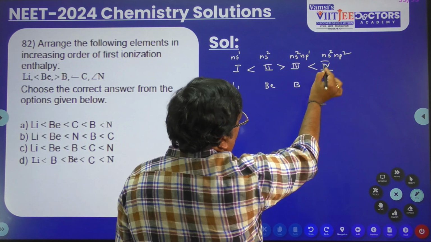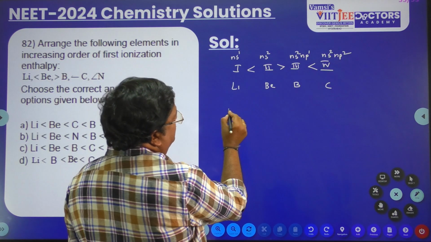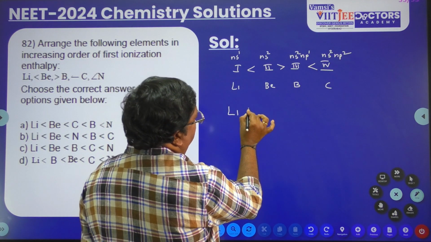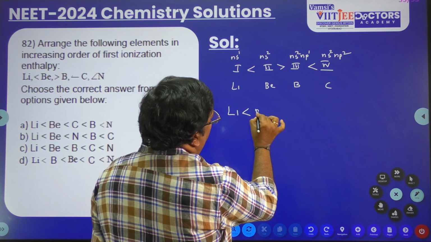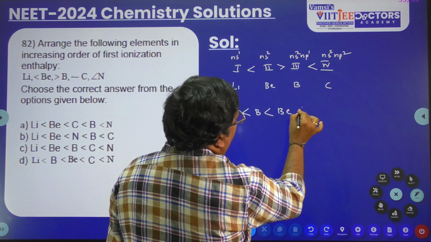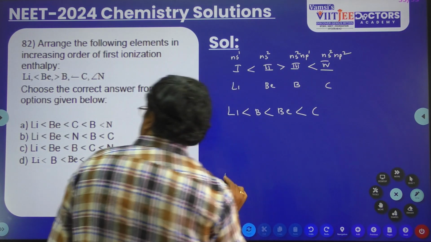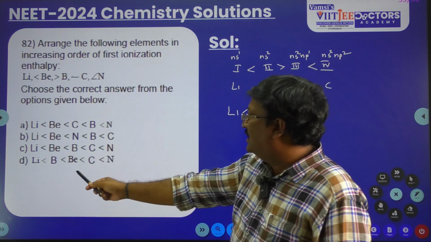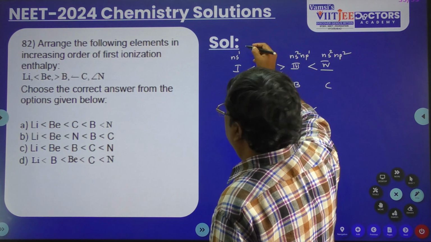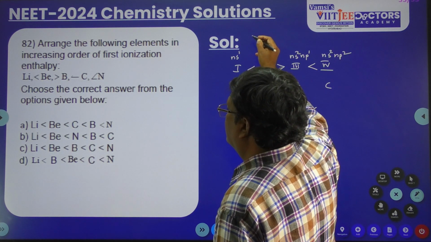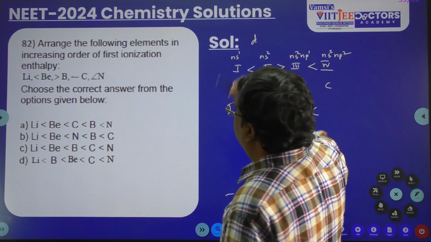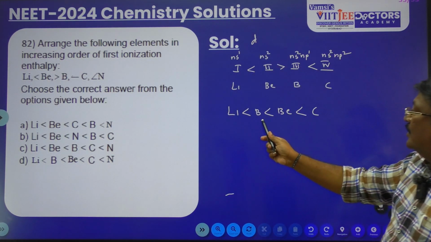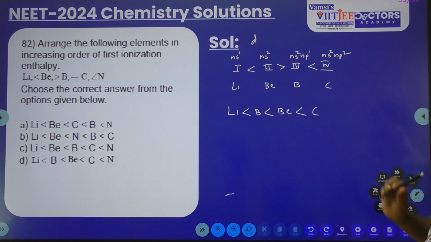Next, carbon. So what is the order? Lithium, boron, beryllium, carbon. So your option is D: lithium, boron, beryllium, and carbon.